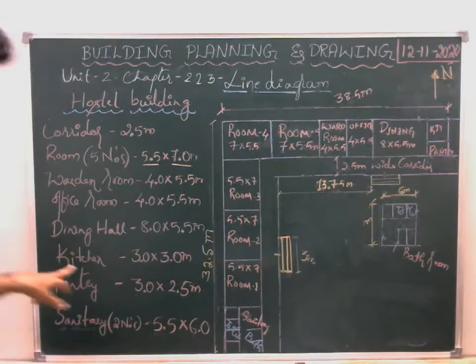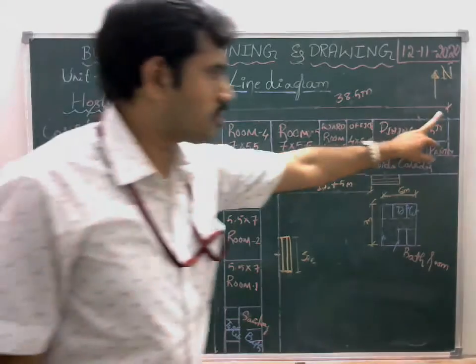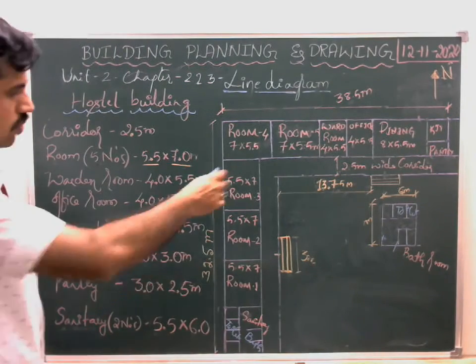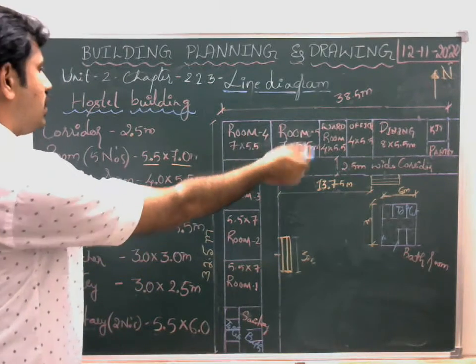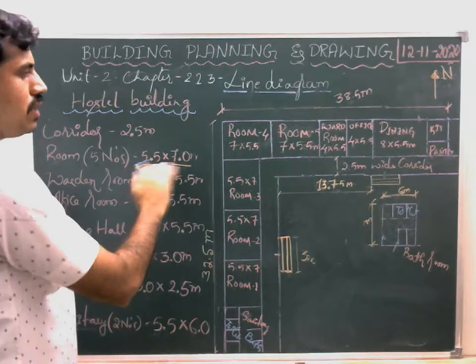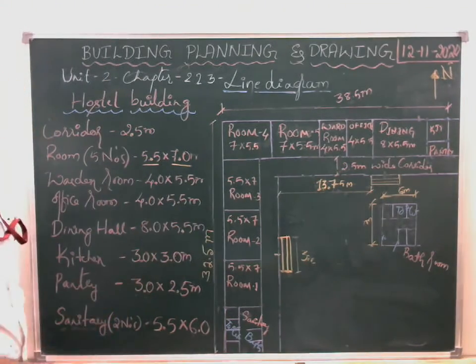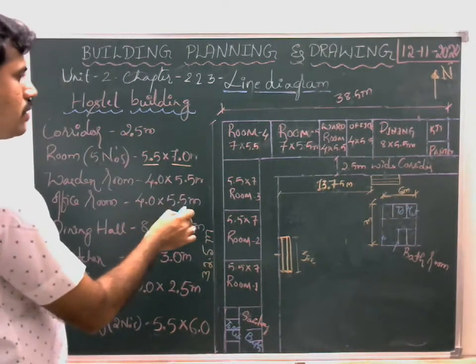In the kitchen also 3 meter and 2.5. If you add this again it comes around 5.5 meter. So again I have provided 3 rooms here and 2 rooms here of the given dimension, and a warden room of 4 into 5.5 meter, and then an office room of 4 into 5.5 meter.